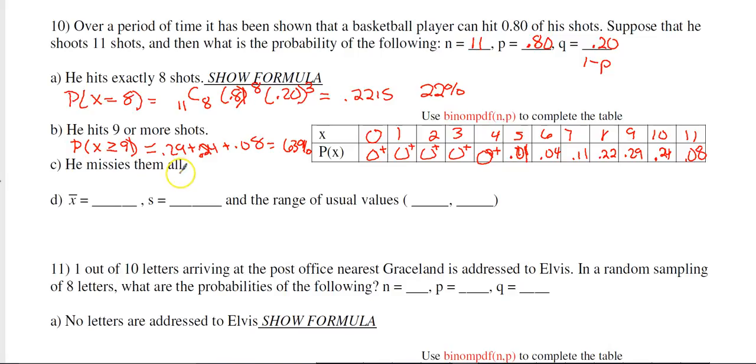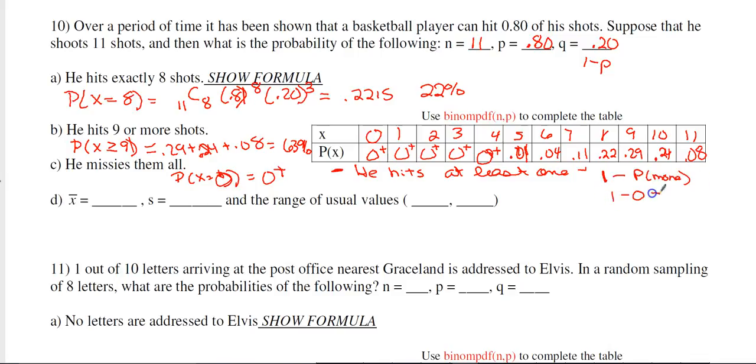If he misses them all, that'd be the probability of x equals 0, which would be 0 plus. If adding in an extra question where he hits at least 1, that's where we have to say 1 minus the probability of none, which would be 1 minus 0, which would be 100%. The 1 minus 0 would be 1.